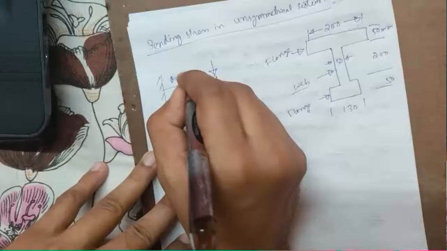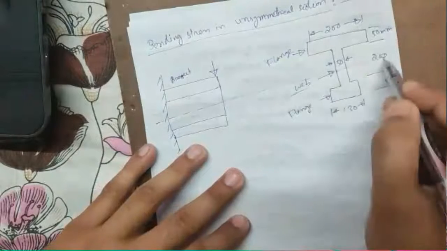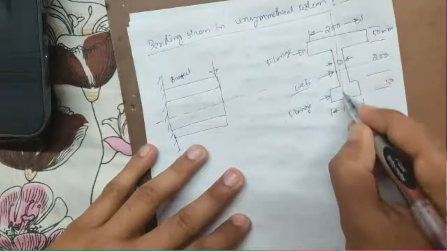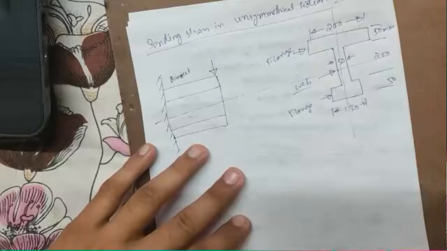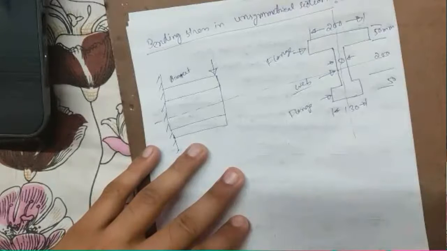So if you look at the section, it is not symmetrical about the x-axis, it is symmetrical about the y-axis. If you draw these two axes, the horizontal one x and the vertical one y, this section is symmetrical about the y-axis.